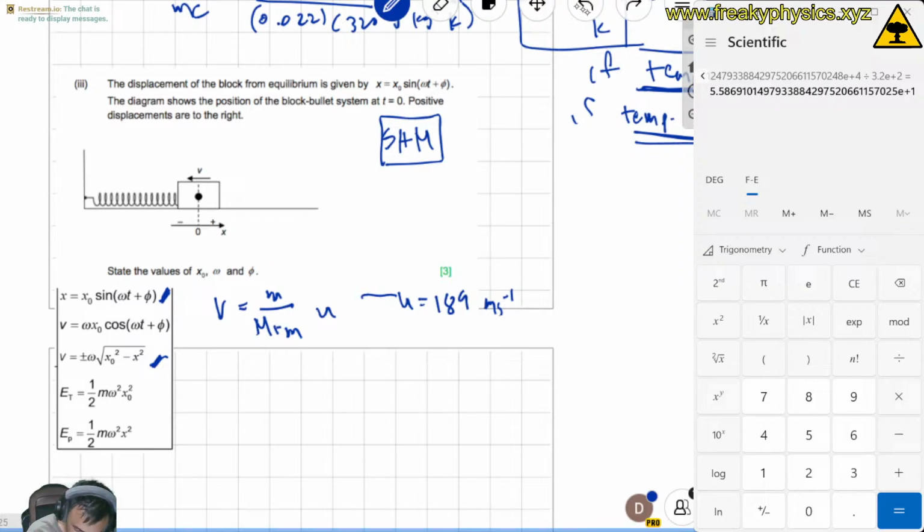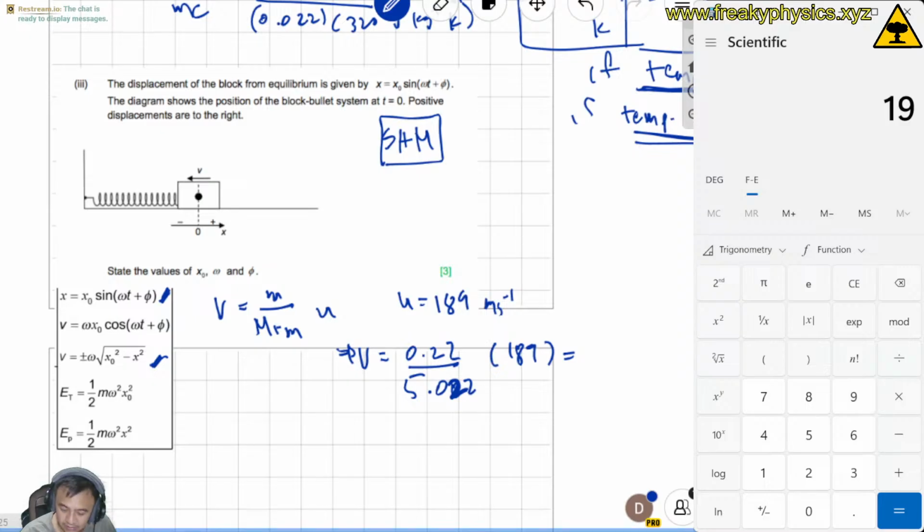What's v going to be equal to? Let's start with that. So v would be equal to the mass 0.022 divided by 5.022 times 189. So let's put that in again to find v. 189 times 0.022, then divided by 5.022.